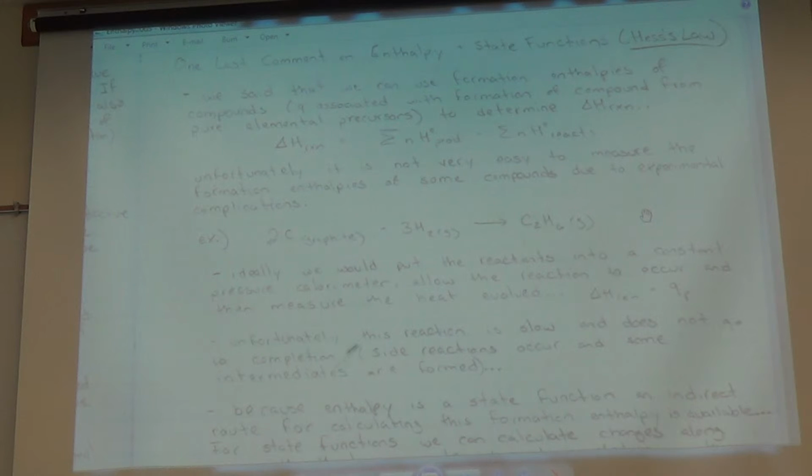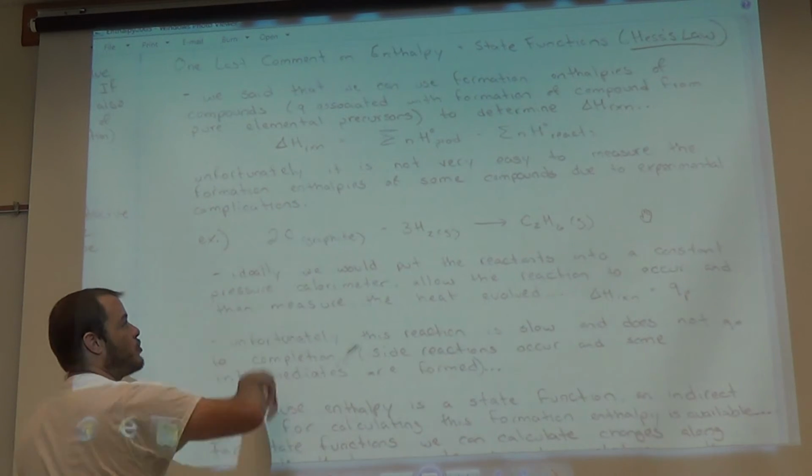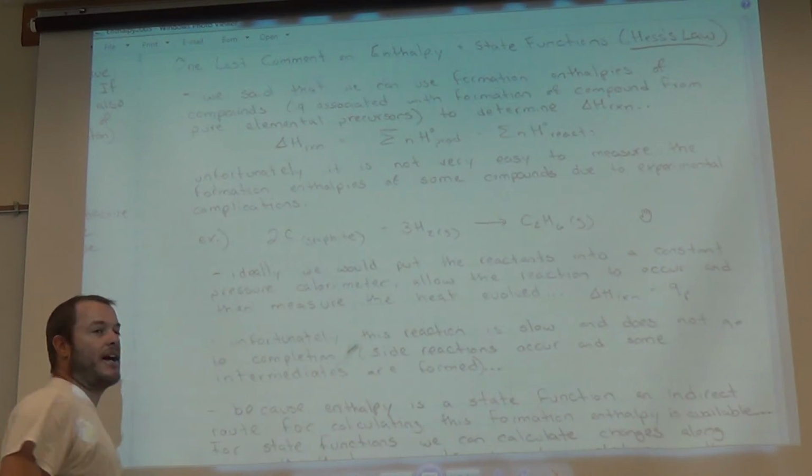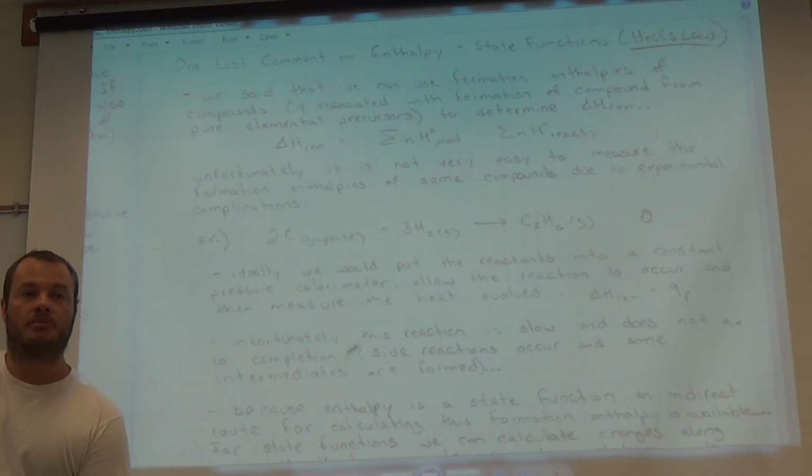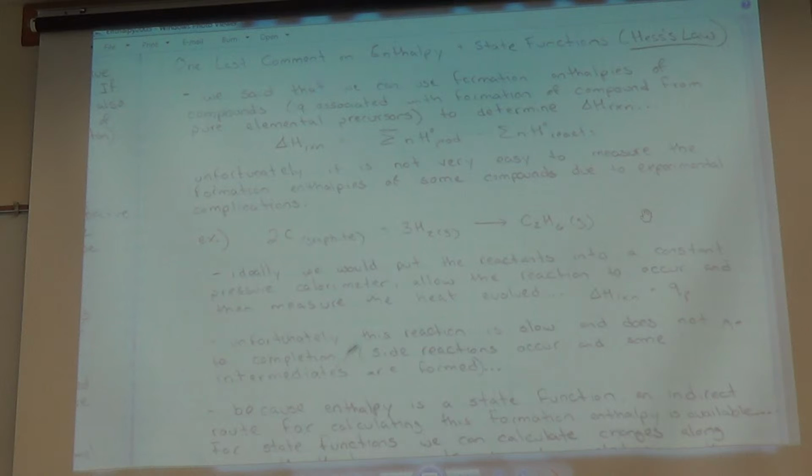Theoretically, all we would have to do is throw a couple moles of graphite and 3 moles of hydrogen gas into a constant pressure calorimeter. It's a calorimeter with the lid removed so it's exposed to atmospheric pressure. Run the reaction, figure out how much heat moves in or out, and we're done, as long as the reaction has gone to completion, and then we can attribute all of that heat to the chemical reaction that took place.